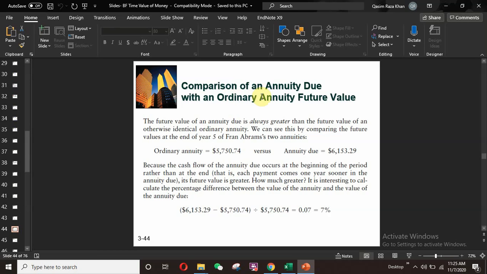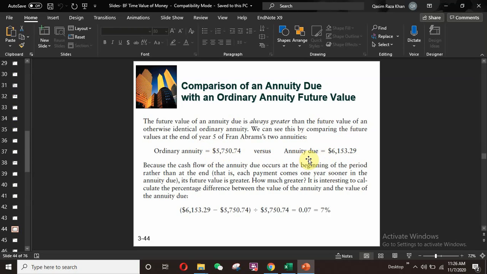So your investment future value will always be greater in annuity due. We can see in the same investment plan, ordinary annuity is generating $5,750, versus annuity due is generating $6,153. So annuity due generates more return on the same investment plan compared to ordinary annuity.